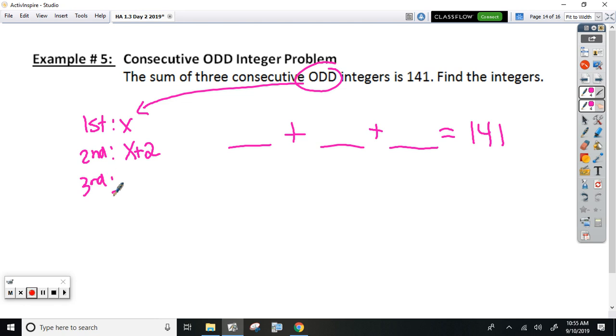And then the third one will be 2 larger than the last one, so x plus 4. While I'm passing out your homework, see if you guys can solve that equation to get what the 3 odd integers are. Alright, our answers here we should be getting are 45, 47, and 49.